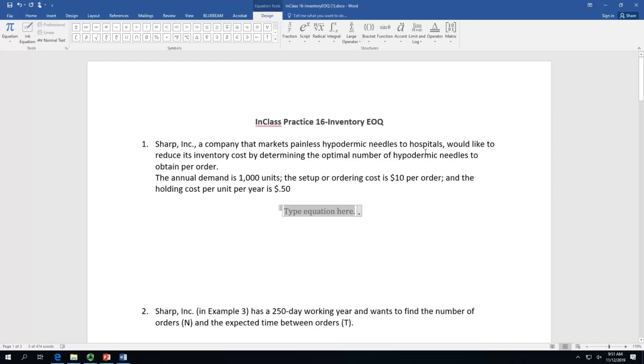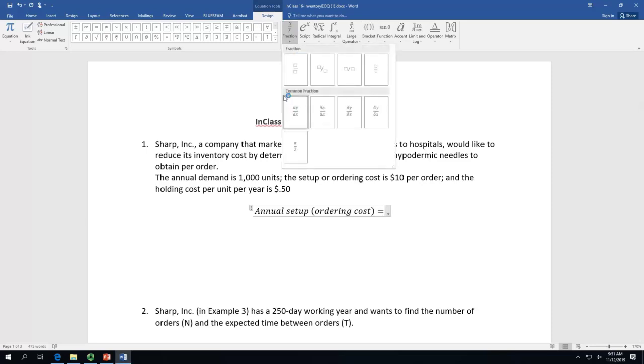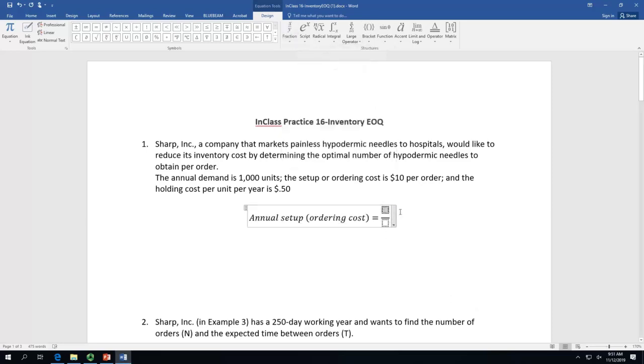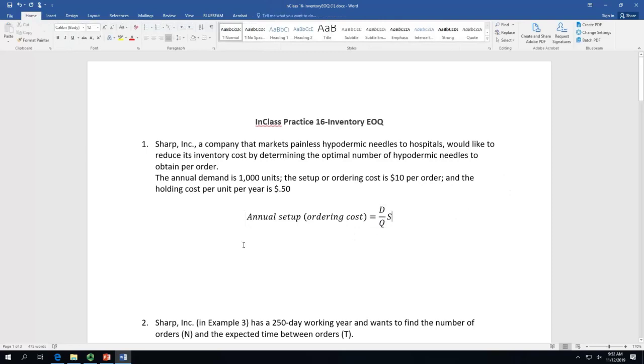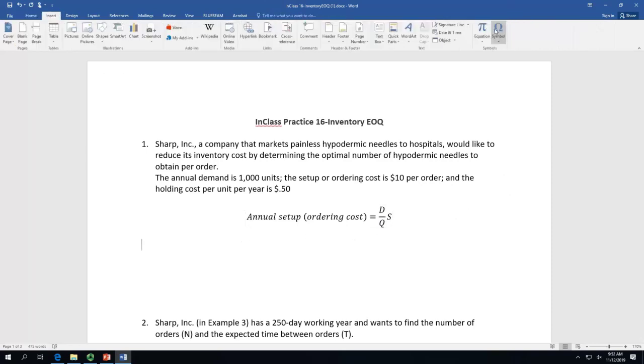This equation is the annual setup or ordering cost, which equals D divided by Q and times S. And insert another equation.